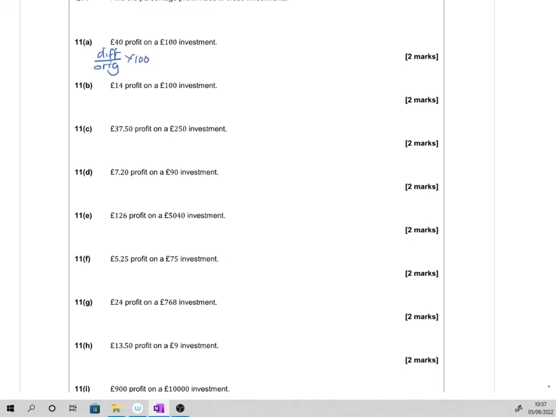So the difference is 40, the original is 100, and we times that by 100, and we get a percentage. So 40 divided by 100 times 100. Surprise, surprise, 40%.